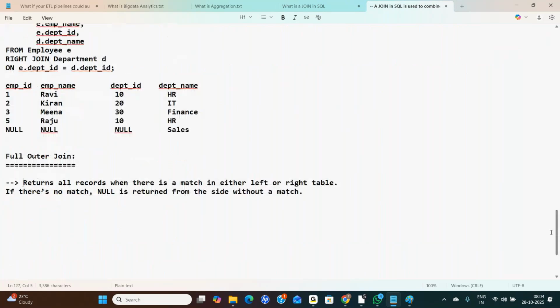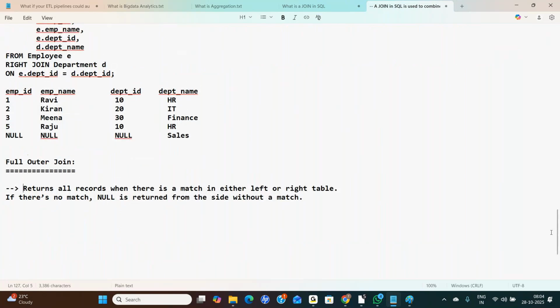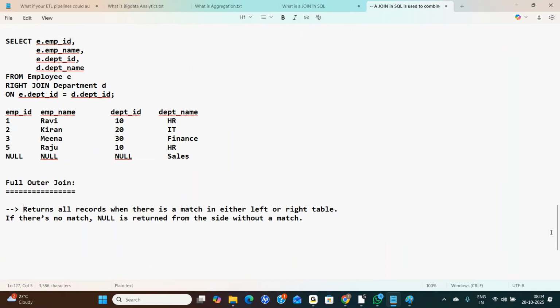A full outer join returns both matched and unmatched records from the left and right table.